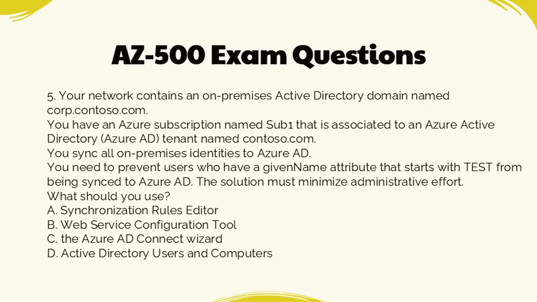You need to prevent users who have a given name attribute that starts with test from being synced to Azure AD. The solution must minimize administrative effort. What should you use? A. Synchronization Rules Editor. B. Web Service Configuration Tool. C. The Azure AD Connect Wizard. D. Active Directory Users and Computers.